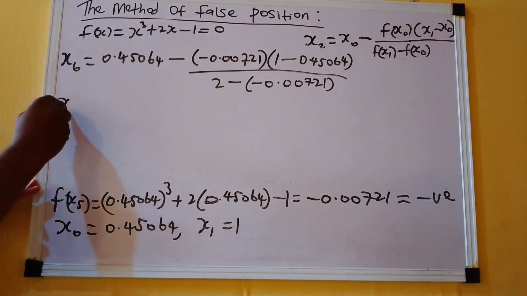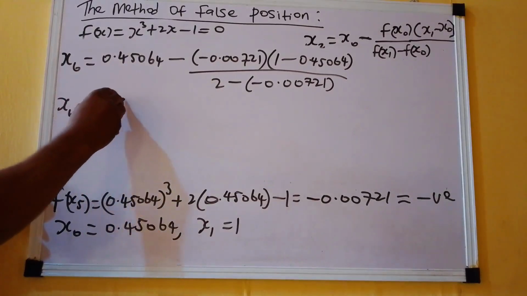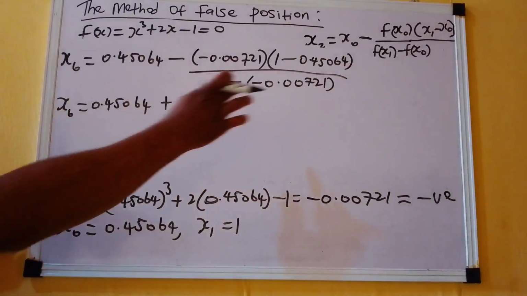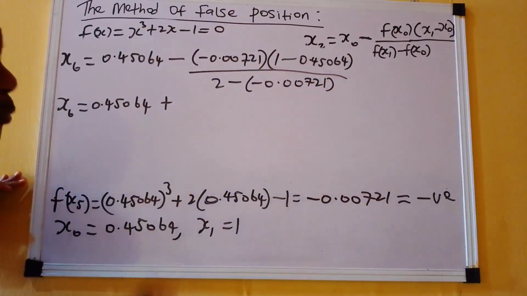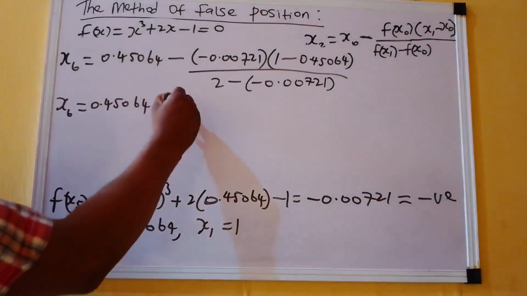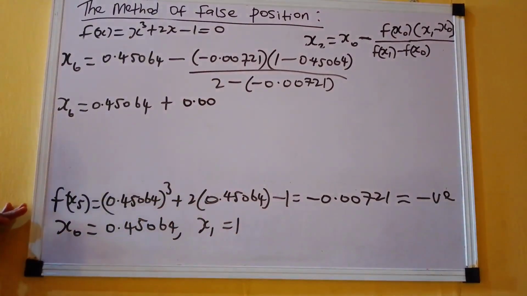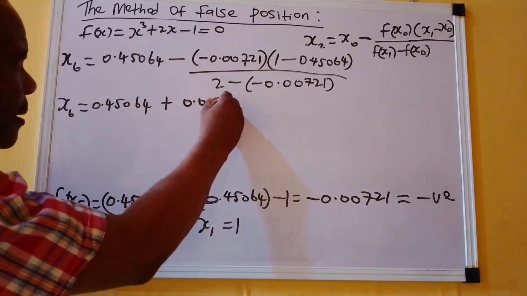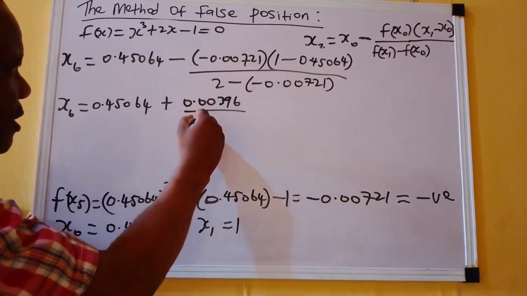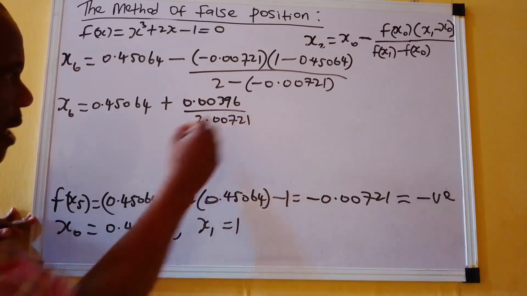So our x6 will be equal to 0.45064. Minus times minus again will become plus. So you say 1 minus 0.45064. Then you multiply it by minus 0.00721. You are going to have 0.00396 all over 2 minus minus will be 2 plus, so 2 plus that will be 2.00721.